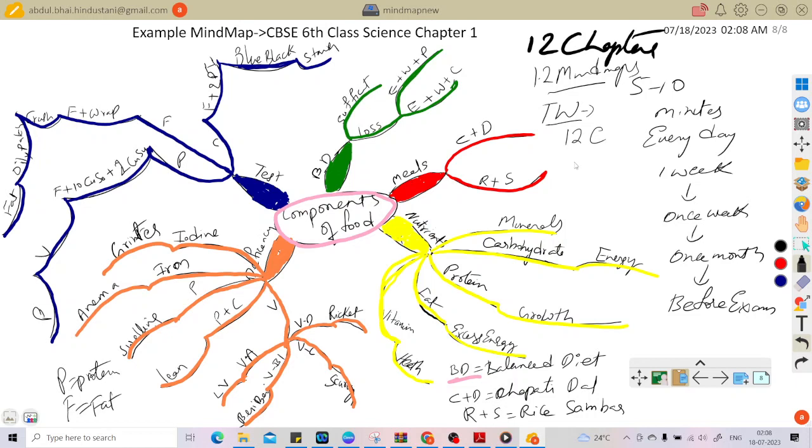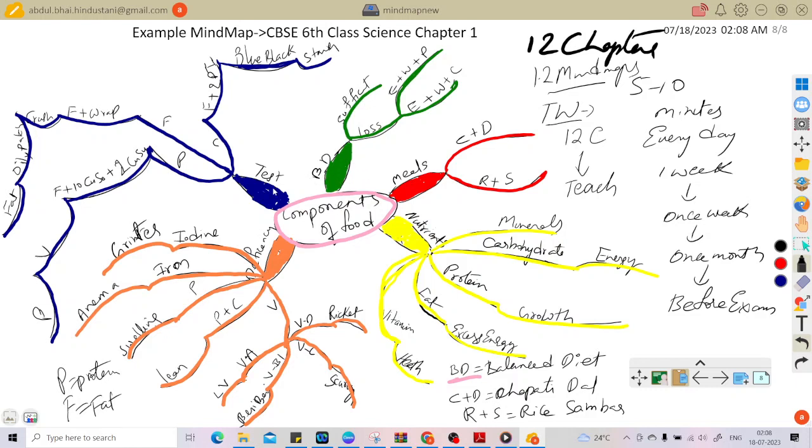And then they are going to sit in a group and teach their mind map to their friends, right? See how easy it became. You're reading only one chapter and your friends are reading the remaining 11 chapters. They are going to teach you how they have drawn the mind map, and the context, what exactly is there in it.